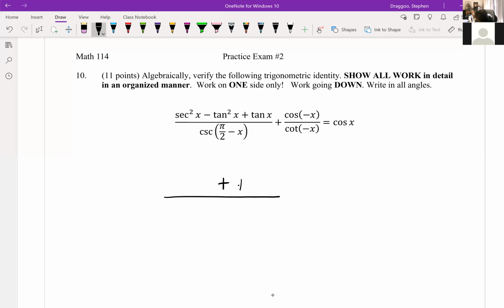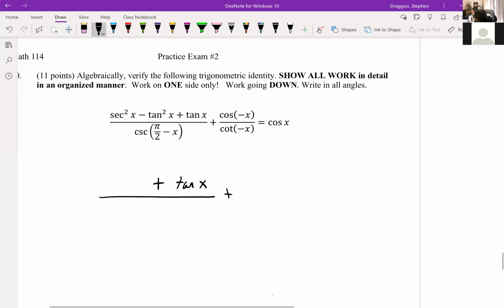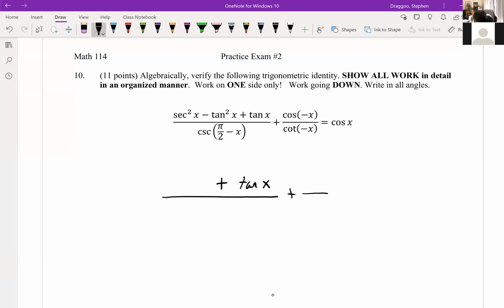The only thing I'm going to leave alone in the first step is going to be that tangent x. Everything else is going to have something happen to it. So let's talk about what all that stuff's going to be. I guess we'll start in the denominator, that cosecant of pi over 2 minus theta.